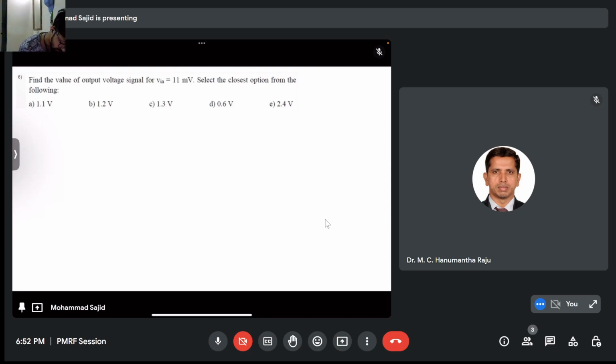Now in this question, what is given to us is V input is given as 11 millivolt. Find the value of output voltage signal. We have to find V output. So again, let's just draw again the circuit. V input.